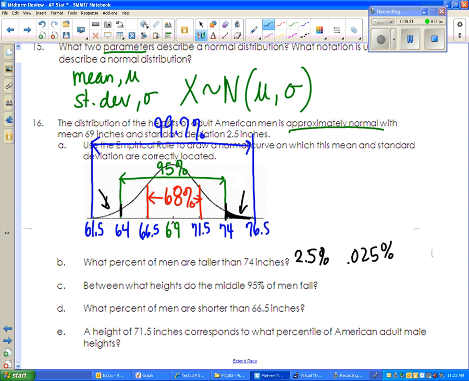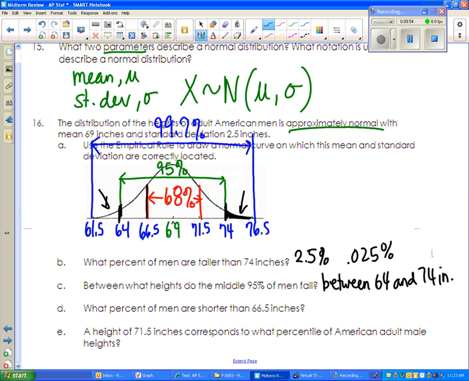In letter C, it says, between what heights do the middle 95% of men fall? So I can see very clearly from the empirical rule that that is between 64 and 74 inches tall. Okay. In letter D, what percent of men are shorter than 66.5?